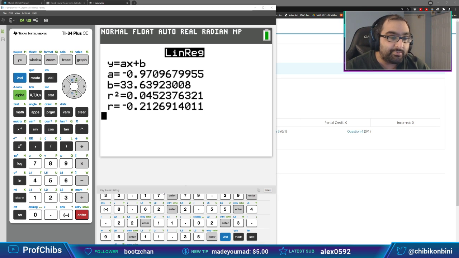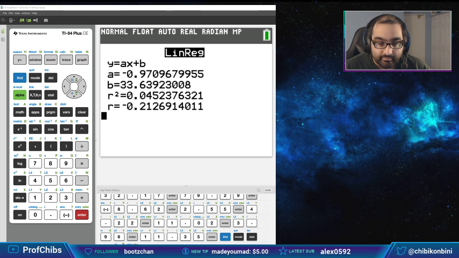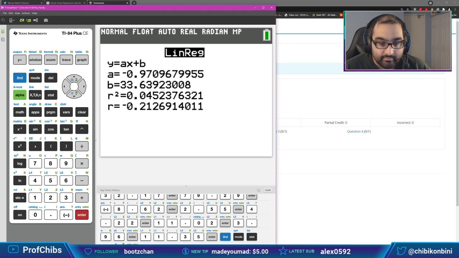But if you need to put in negative 5, you actually need to hit the negative key. So they're two different keys. It'll give you a syntax error if you try negative 5 using the minus key. That also is applicable on the TI-Nspire as well. Okay, same numbers, perfect.